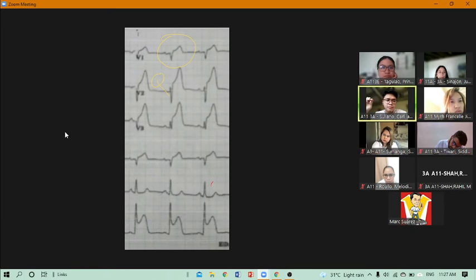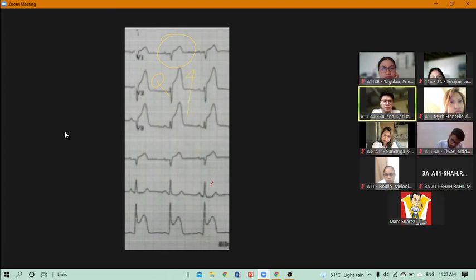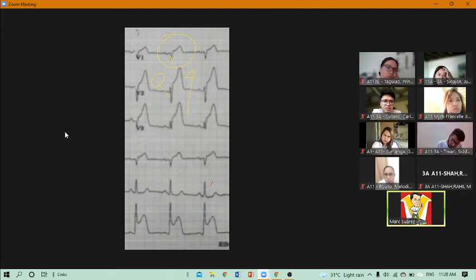Yes, Doc. This is the Q wave, this one in yellow. The R is the first deflection going up. So this is the R wave, okay?